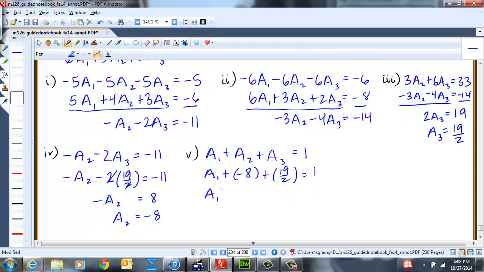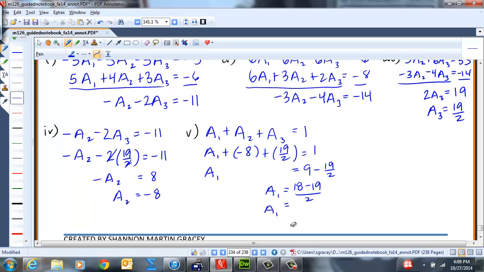So a1 is equal to, let's see, 1 plus 8 is 9, and we'll be subtracting 19 halves. So a1 will be 18 minus 19 all over 2. I just got a common denominator there. So a1 will be negative 1/2.